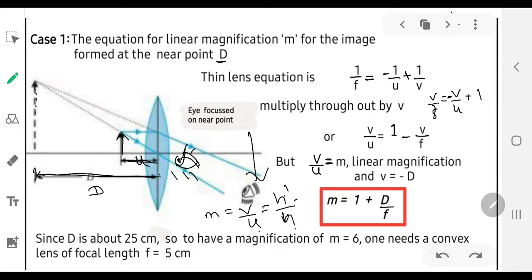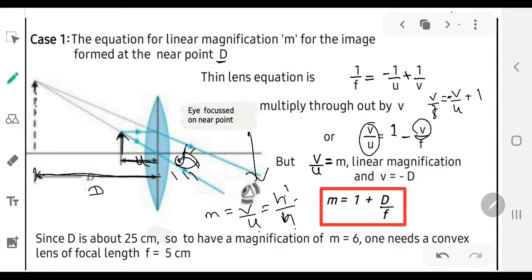So in case of a lens, v by u is equal to m, the linear magnification. So v by u we are replacing by m, and f is the focal length.